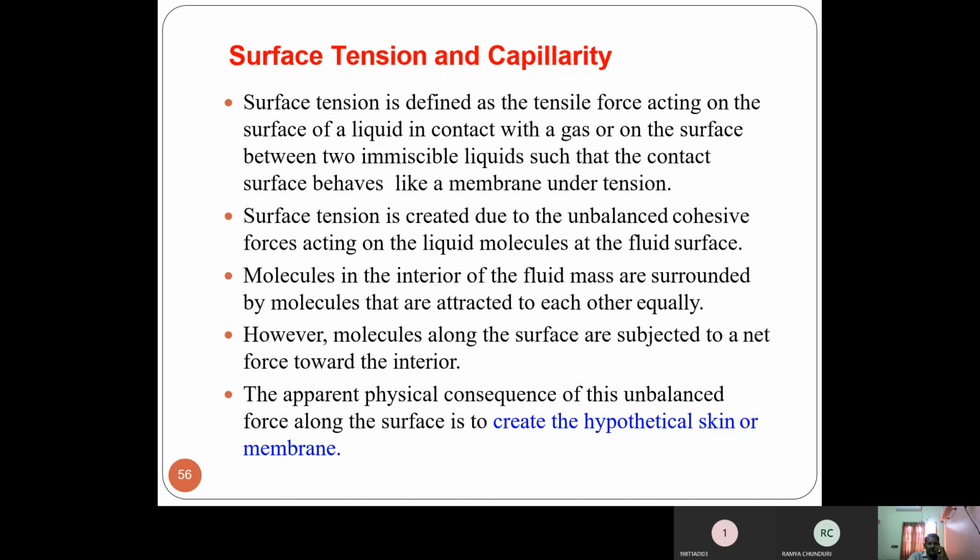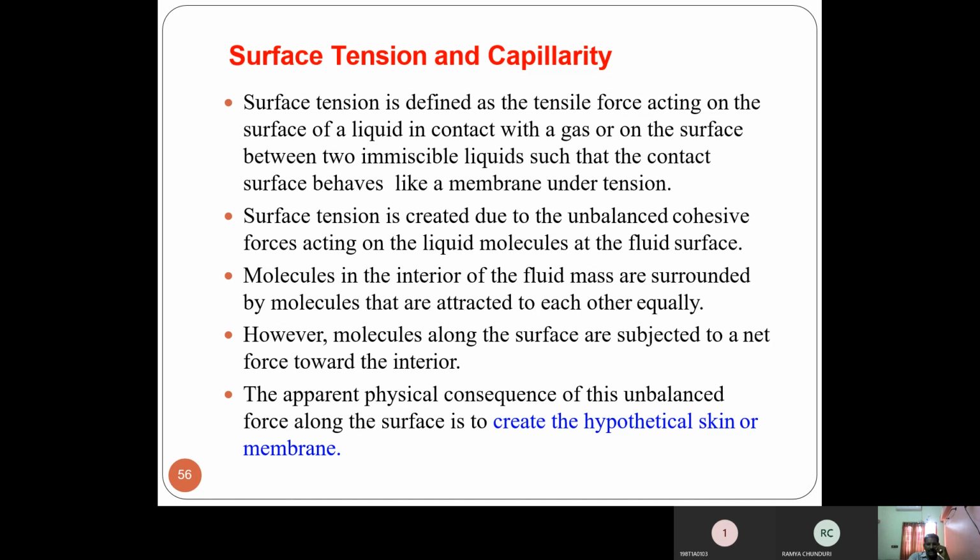The apparent physical consequence of this unbalanced force along the surface is to create a hypothetical skin or membrane. This will act as an invisible veil.